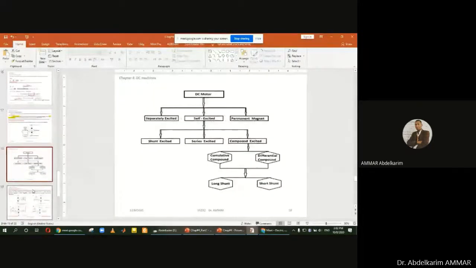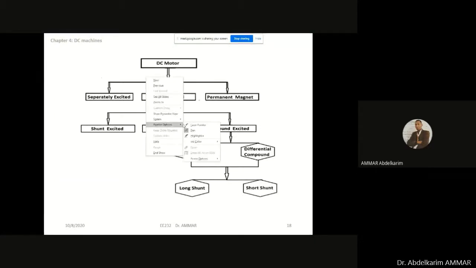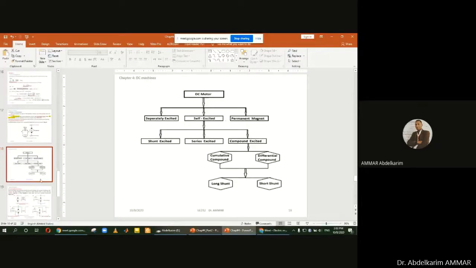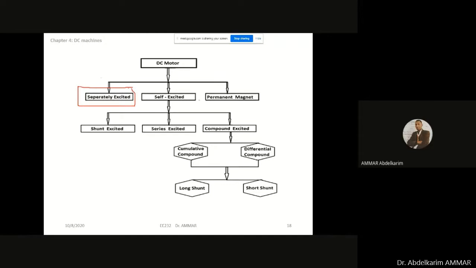A DC machine can be divided according to its excitation. We have the separately excited, so the field and the armature are connected with different sources.